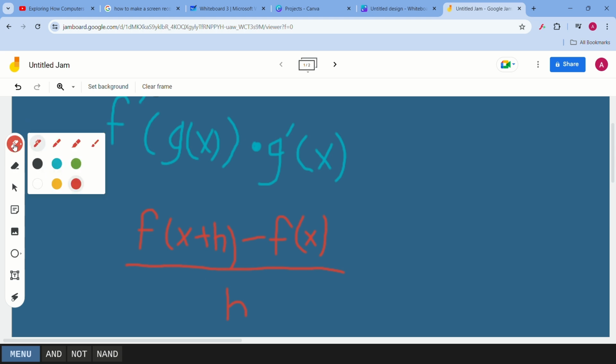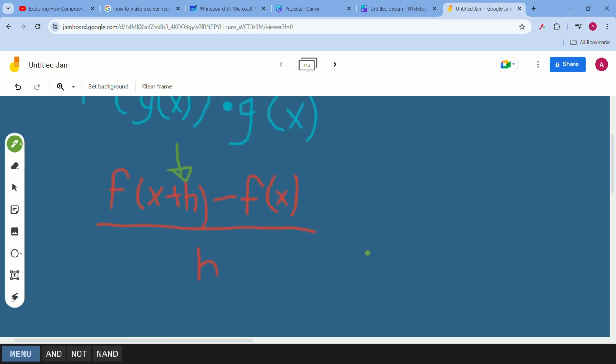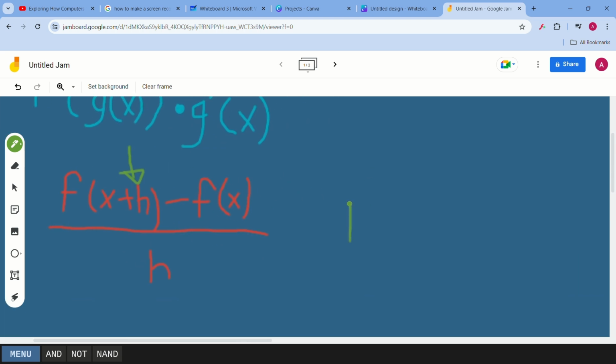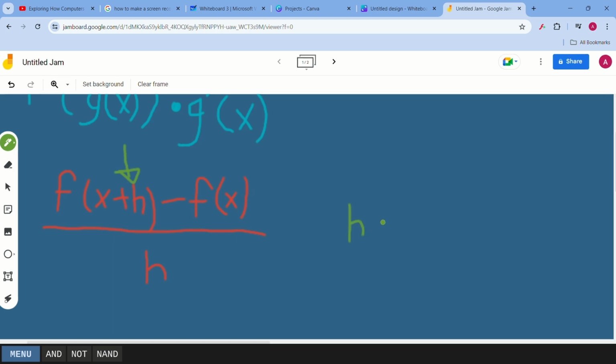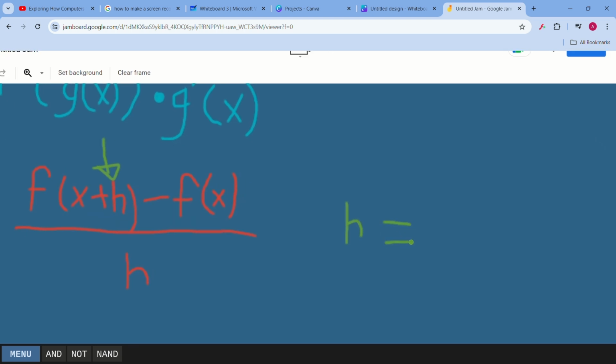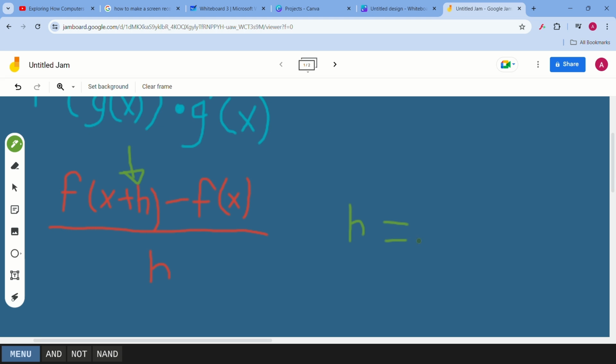If you're curious about what this h is, h is just a very small value. It's not a variable. It's just like, say, 0.0001. Also, I know my drawing skills suck.